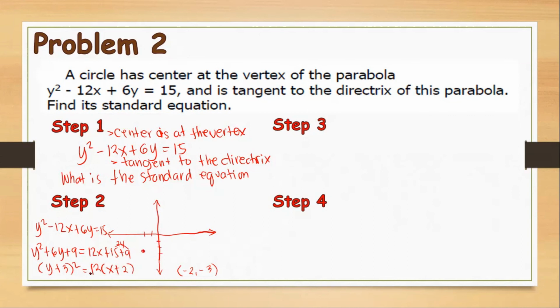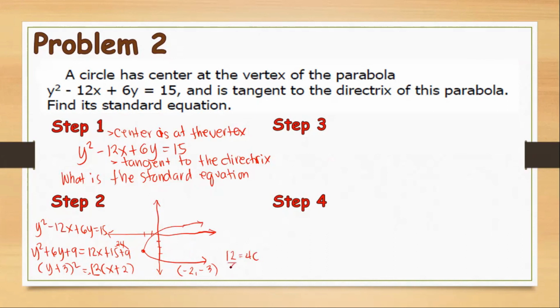Since this is positive, it may face to the right. And also, if we are going to find the directrix, all we have to do is identify this one, the c. So 12 is 4c.